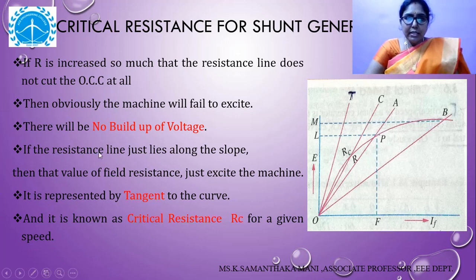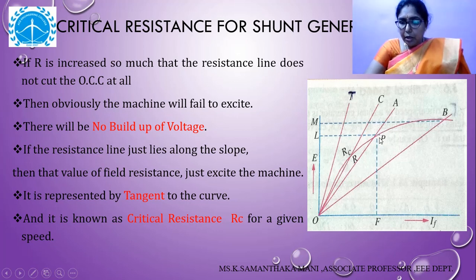If the resistance line just lies along the slope, then that value of the field resistance just excites the machine. If I draw a tangent to the linear portion of the curve, it runs parallel to the characteristic of the OCC.